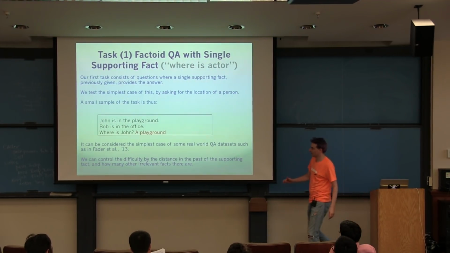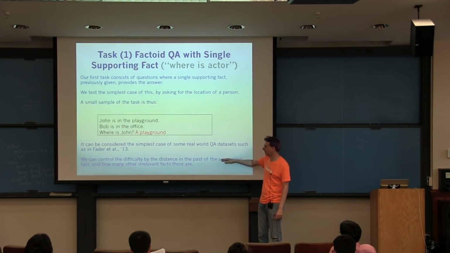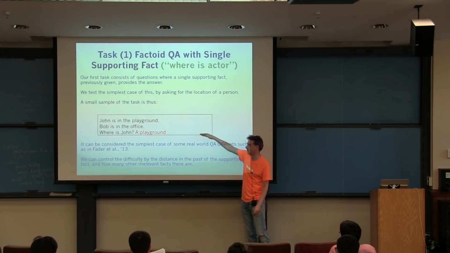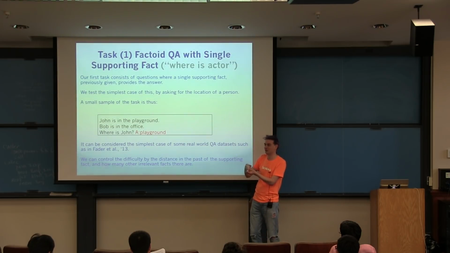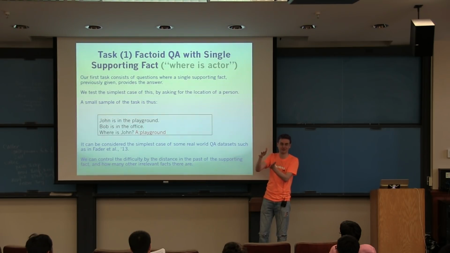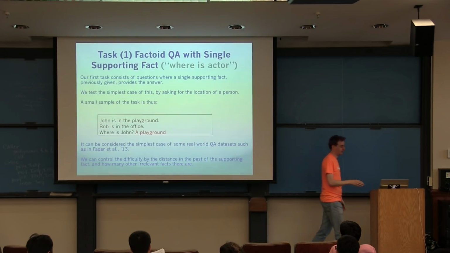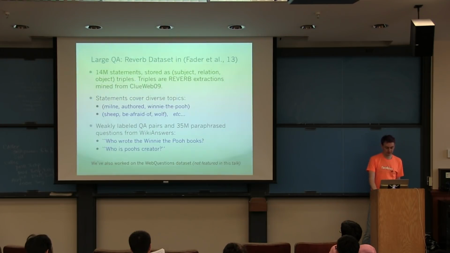We can control the difficulty of a question by how far away the supporting facts are from the answer. We call it a difficulty of 1 if the supporting fact is literally only 1 sentence away, and a difficulty of 5 if it can be 5 sentences away.